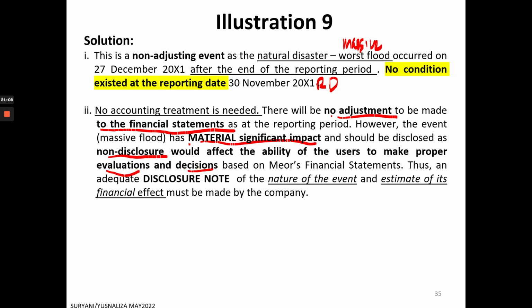They should have enough information on what they are evaluating, and decisions should be based on the financial statement of the company mainly. Therefore Mio Berhad needs to provide the disclosure notes to inform the users of the financial statement or whoever is an interested party, the nature of the event and the estimates of the financial effect. This is in accordance with the disclosure rules of MFRS 110.